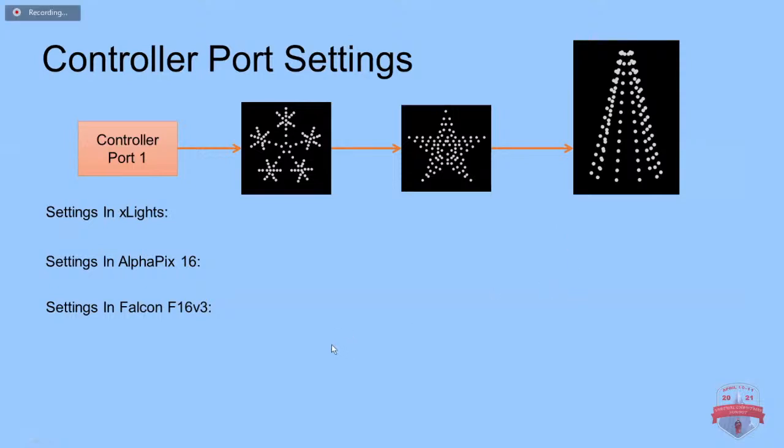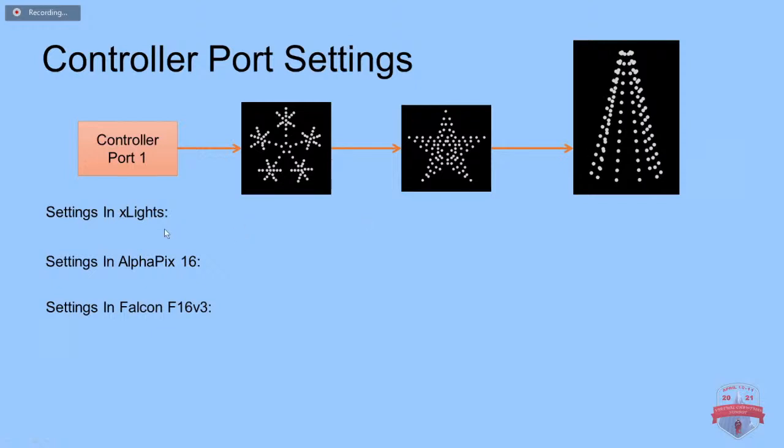So I heard this is talking a little bit in the chat about this, and this is kind of what I want to go over. When we do the controller port settings, and we have 3 models like I have here. So on controller port 1, let's say we have a snowflake, a star, and a mini tree.